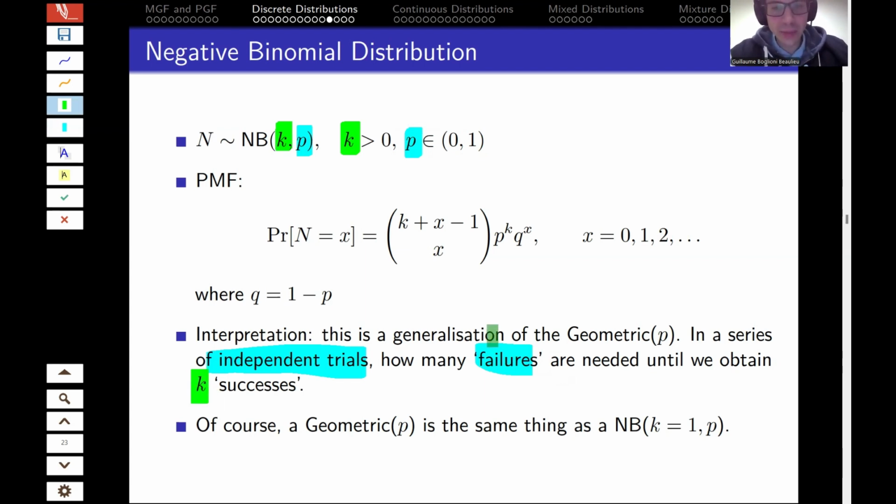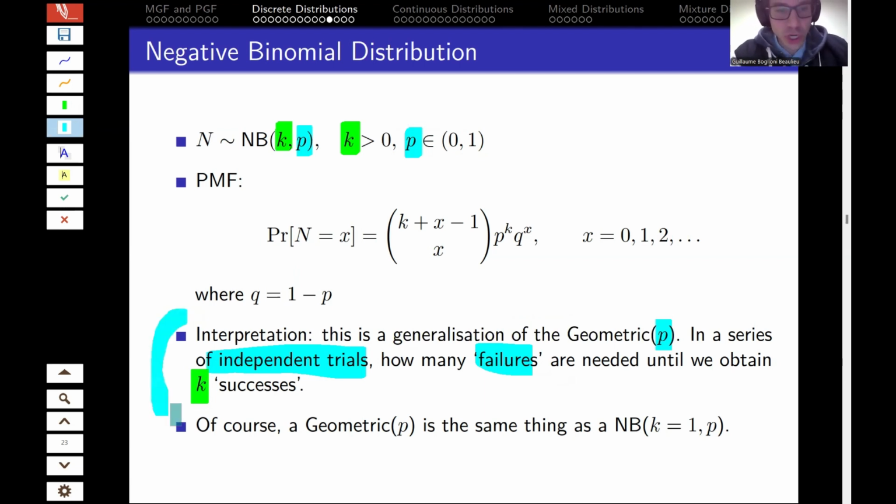And because of that, it's a generalization of the geometric. Indeed, the geometric is a special case of the negative binomial where K equals 1.